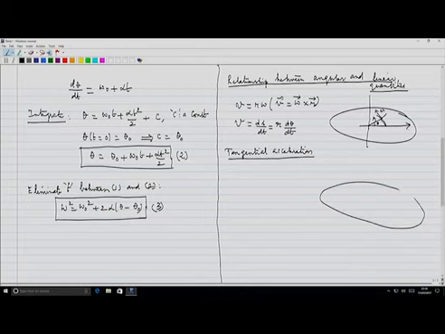This is some rigid body, and I have the x-axis and y-axis. I am considering the circular trajectory of a particle. At this particular point, the tangential acceleration will be like this, a sub t.